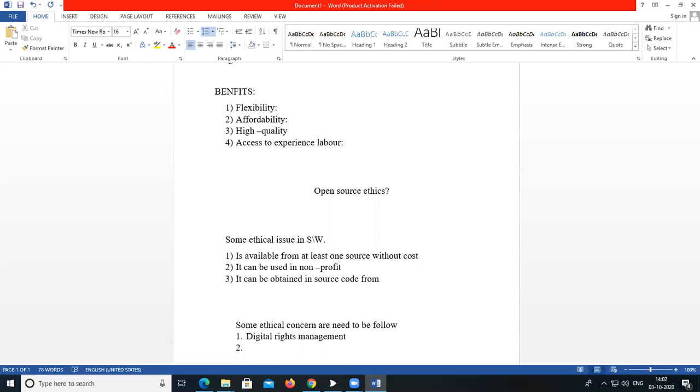Then the second one is intellectual property in the area of open source.